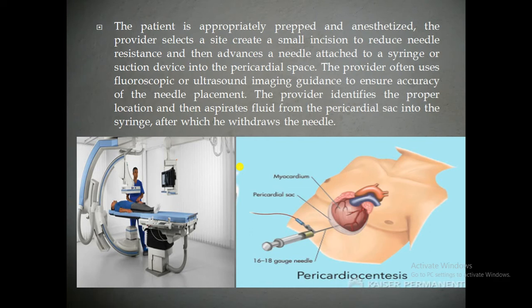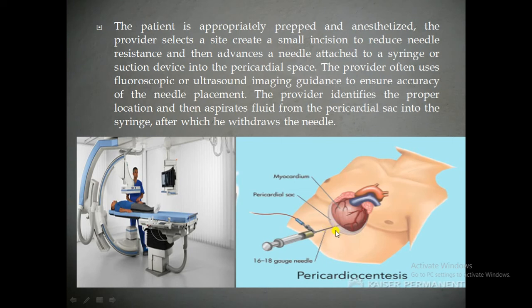So how will the physician do this procedure? First the patient is prepped, then anesthesia is given, and then the provider will select a site, and then he will create a small incision cut.